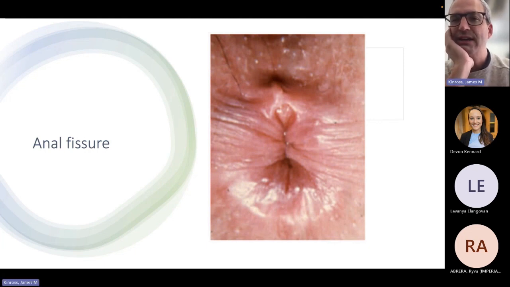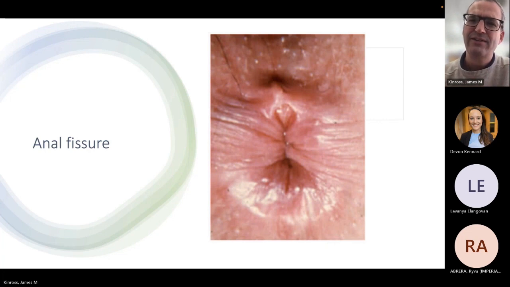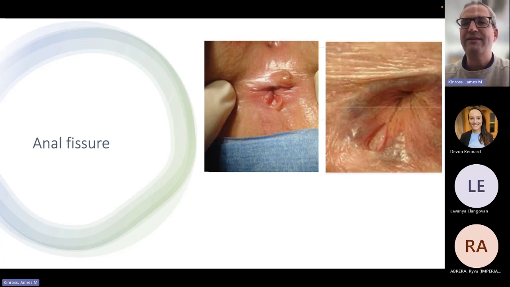And you can see at the base of that anal fissure some white fibers, which are the fibers of the internal sphincter. Sorry, it's really loud drilling here. And these can be exquisitely painful is the main thing.